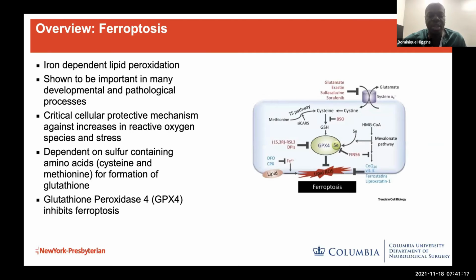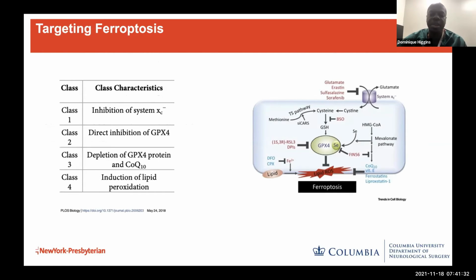And as I mentioned, glutathione peroxidase 4 is downstream of all this. Essentially, it's an enzyme that uses glutathione as a substrate to quench the lipid peroxyls that are formed. If left unchecked, they'll go on to form cell death. There are different pharmacologic strategies to target this pathway. The first two are what we'll focus on.